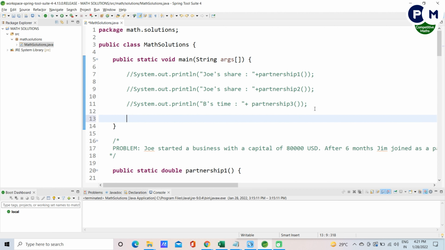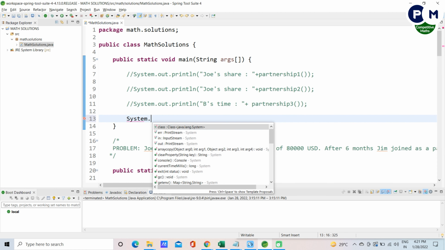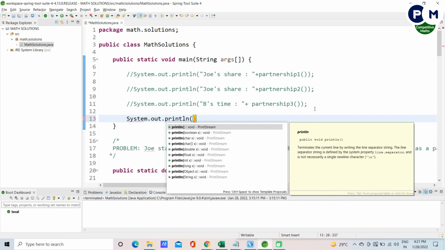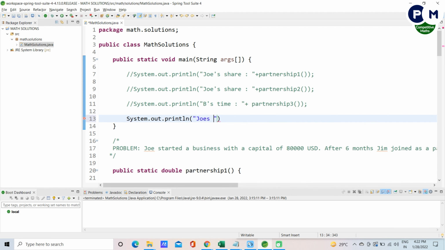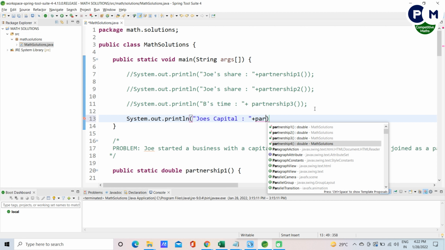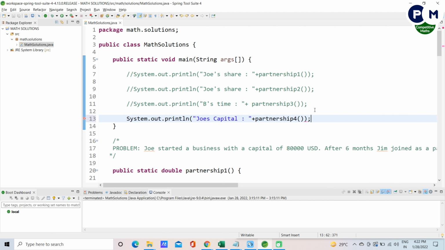Double C2 T2 equals capital of Jim multiplied by Jim's time. Next, Joe's capital is calculated as C2 T2 multiplied by Joe's profit by Joe's time multiplied by Jim's profit. The last step is to return Joe's capital. Here, I am printing Joe's capital by calling the partnership method.